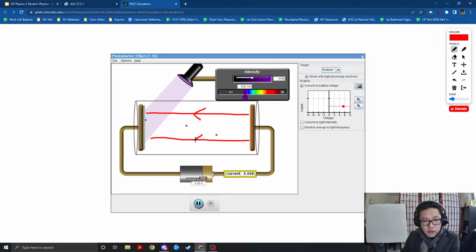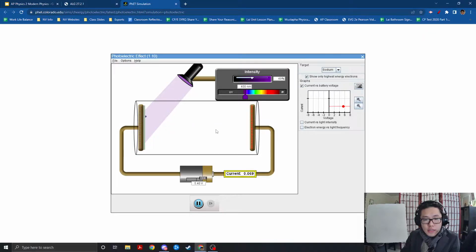So because of this constant electric force by the field between these plates, the electrons are going to get pushed rightwards, opposite the direction of the electric field. If you need a review on the electric field, we could talk about that later. But for right now, just realize that there is an electric field between these two plates, and the electrons are getting pulled towards the positive and repelled from the negative side.